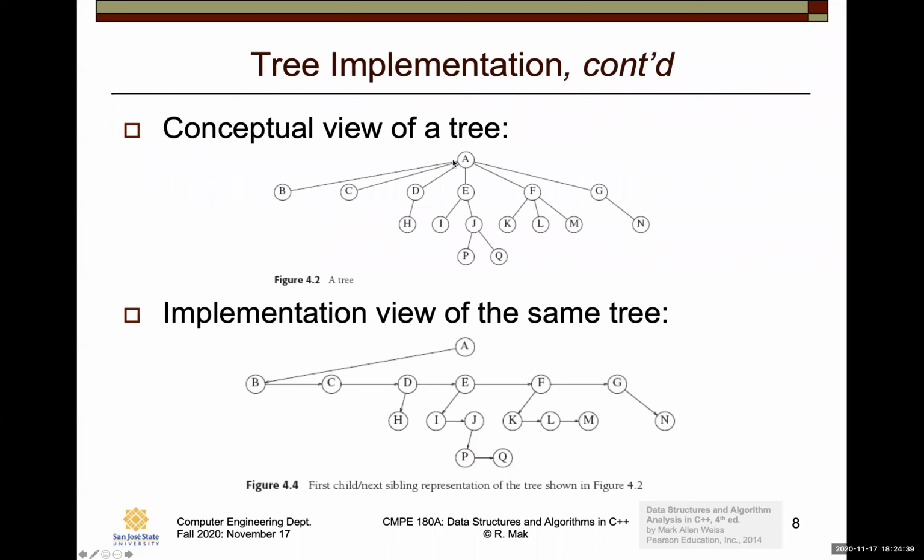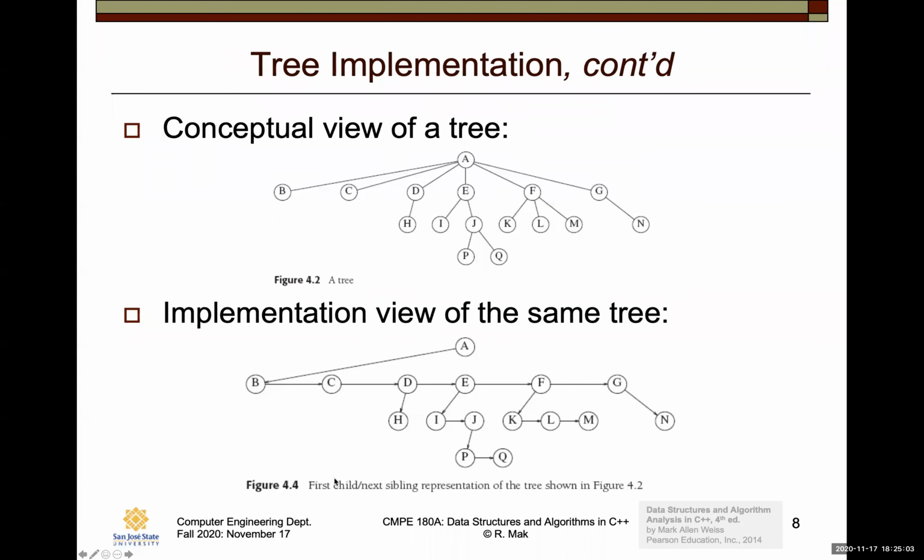Each node, let's take a look at the root, would have a pointer to its first child, and then each node will have a pointer to its next sibling. So if B, C, D, E, F, and G are all children of A, then B would point to C, C would point to D, etc. So you kind of have a linked list going across.